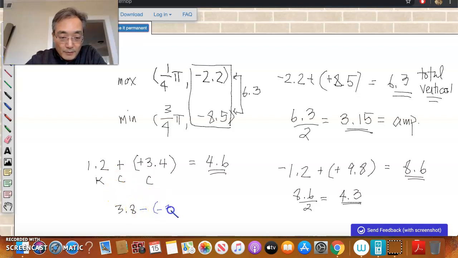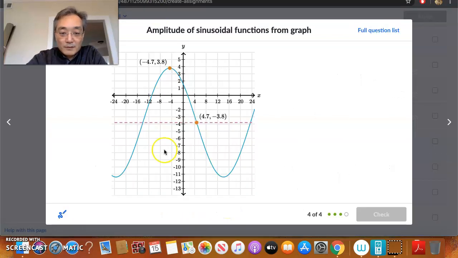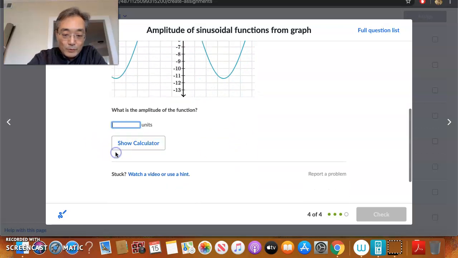Keep change. So that's going to come out to 7.6, and that is the final answer. Why? Because this point is the maximum y value, and this is the midline y value. So we don't have to divide this by 2 because this is already just the distance from the maximum to the midline, 7.6. Let's type that in, make sure we're correct. 7.6, and we are correct.